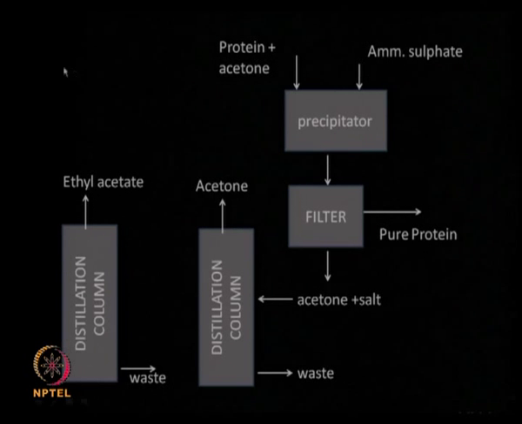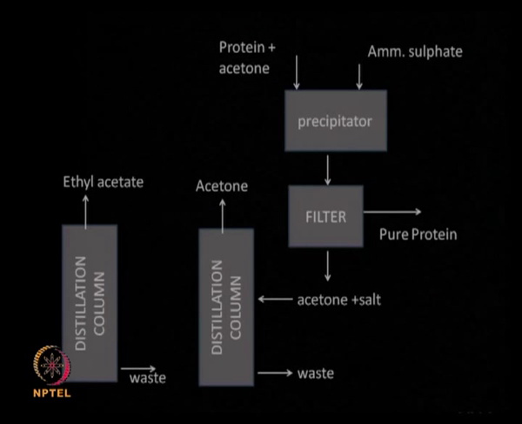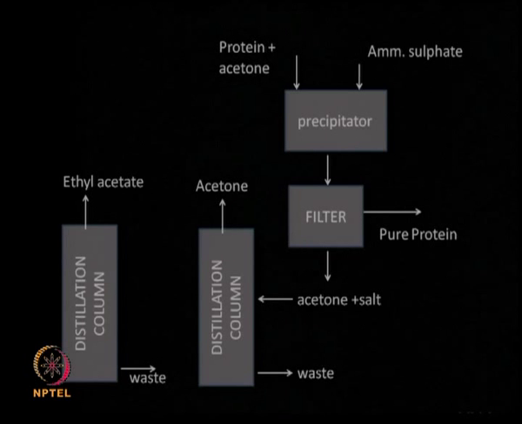So here I may have to go for two distillation columns because I have used two different solvents for extraction, keep that in mind. I have used acetone, I have used ethyl acetate. So I cannot mix both the solvents into one distillation column, then there will be a problem of separation. So I may have to go into 2 distillation columns. So if you look at this flow sheet, we have 2 extractors, 2 mixer settlers, okay.